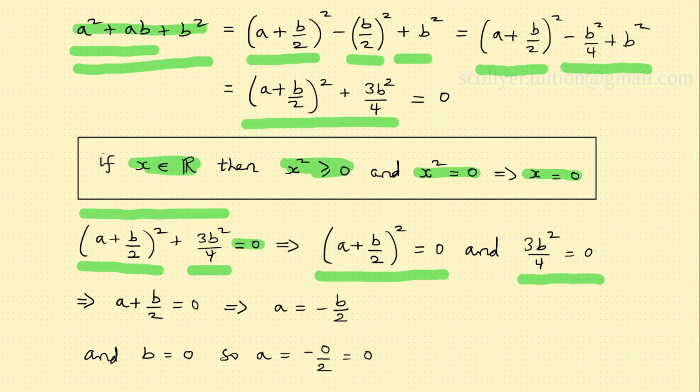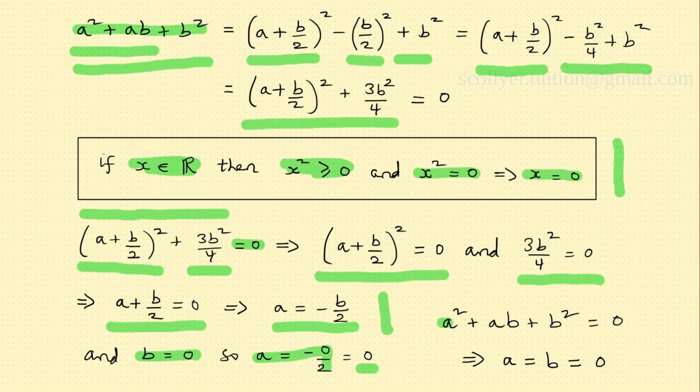It then follows from this fact that a plus b over 2 must be 0, which tells us that a equals minus b over 2, and that b equals 0. So from this fact, we can say that a must equal minus 0 over 2, which is 0. So we have shown that a squared plus ab plus b squared equals 0 implies that a equals b and that they both equal 0.